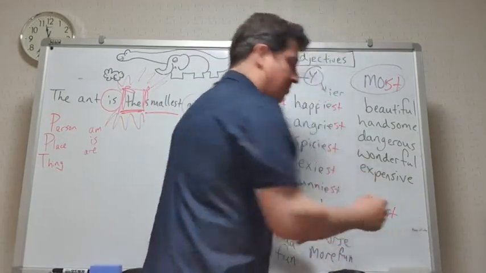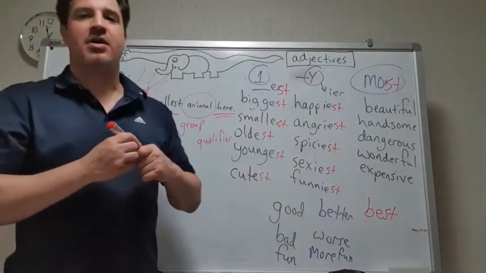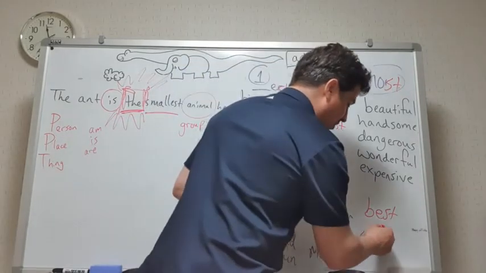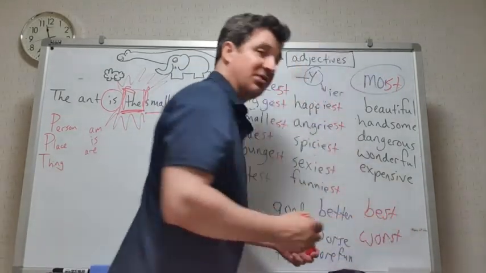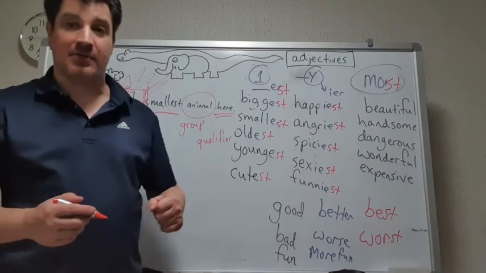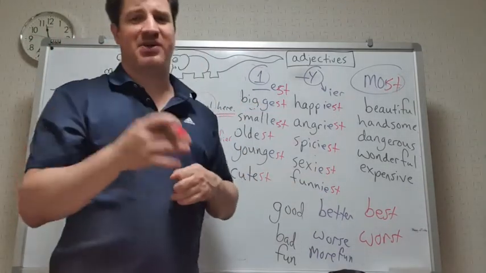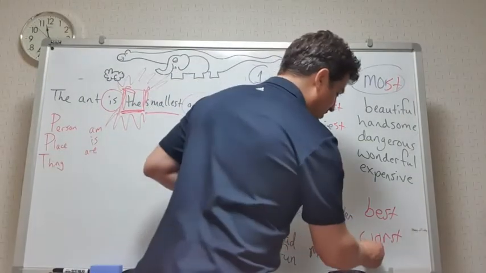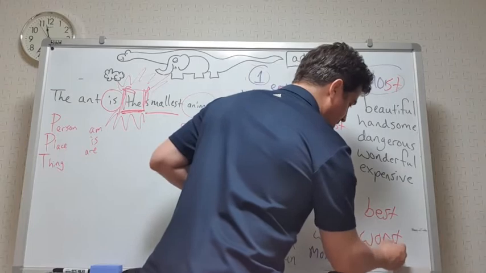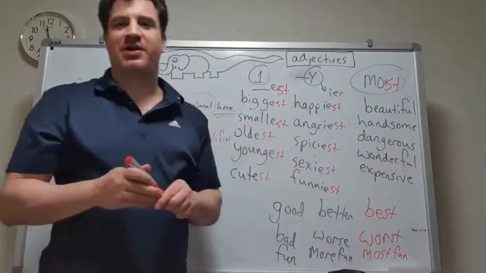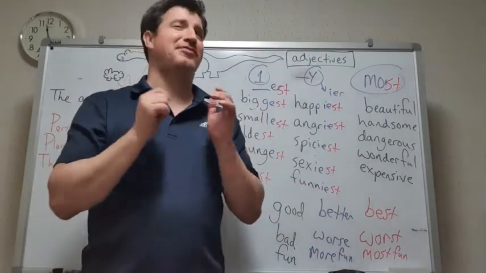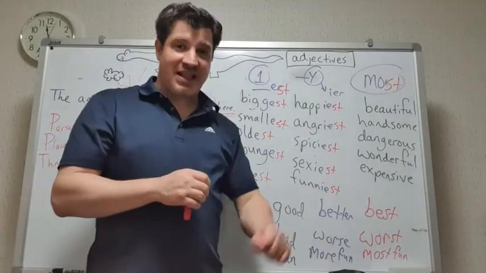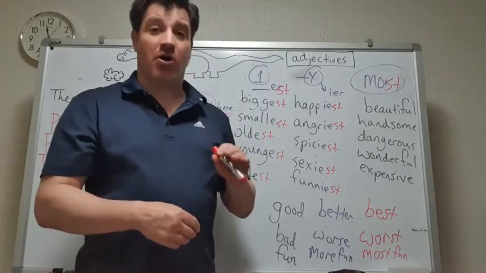She is the best student. He is the best dancer. Bad, worse, worst. The number 1 bad thing. The worst food, the worst restaurant, the worst natural disaster, and most fun. Doing online class is the most fun I've had in my whole life. So that is how these sentences are made.